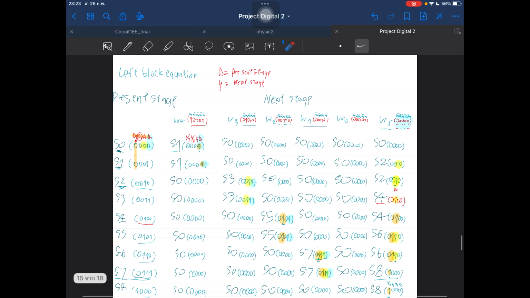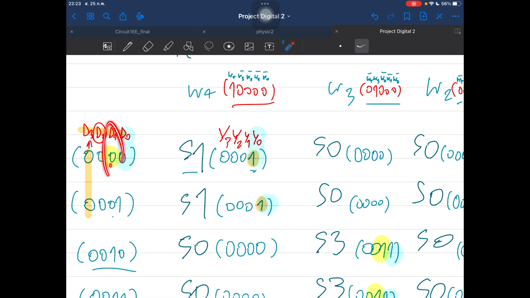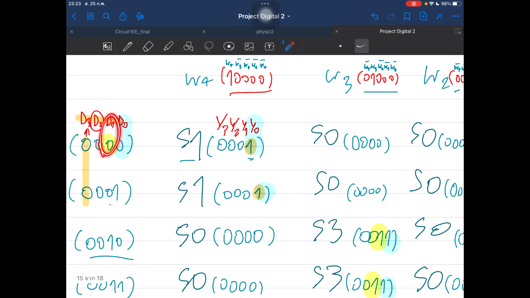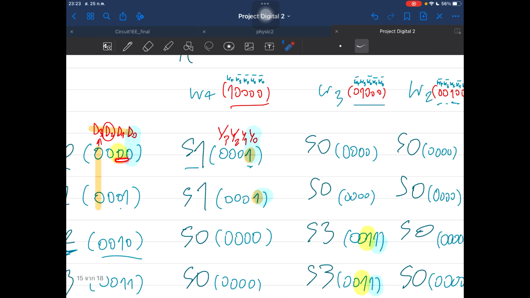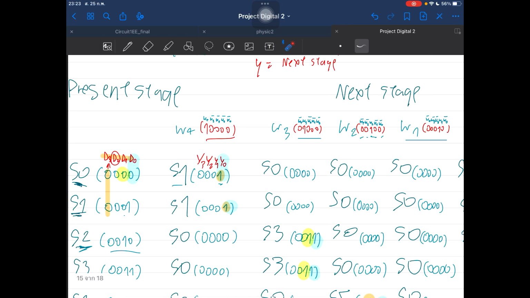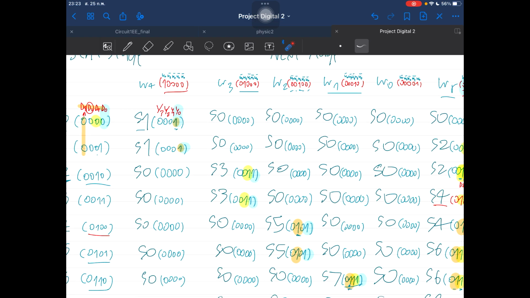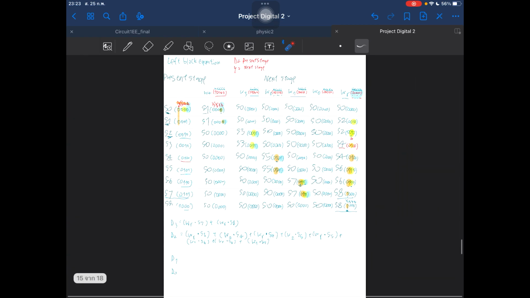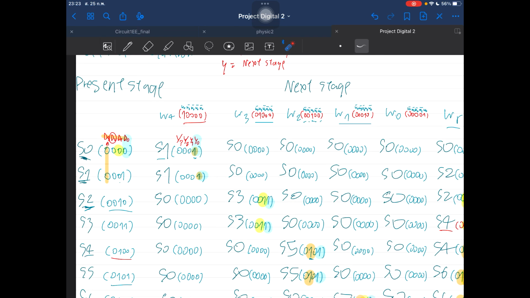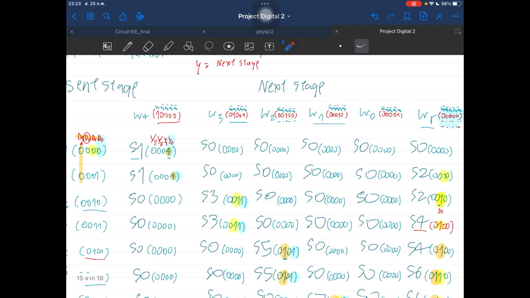Look into the D1. Like the D2 and D3, for D1 look at this line, but look at the next state. Like D2, we will look at only the one in the next state. First D1 0, 0, 0, 0, 0, and 0.